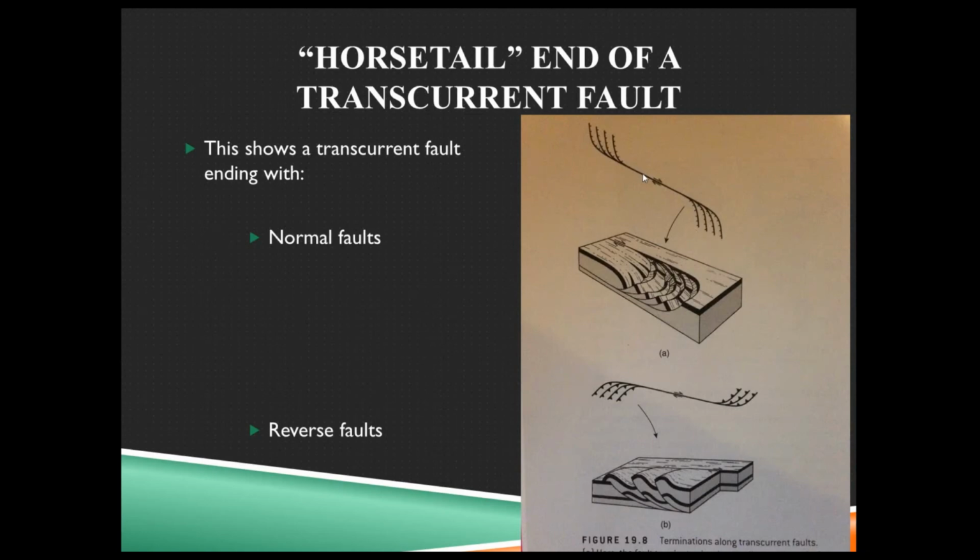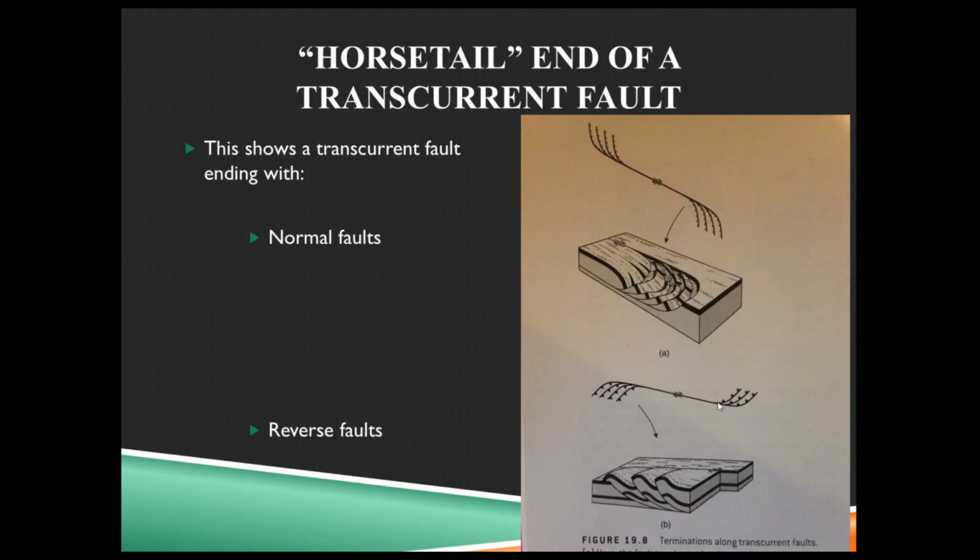So here we can see the top block is moving to the bottom right, and the bottom block is moving to the top left. And the curvature is such that we get normal faulting. So we get the series of curved normal faults, and that is the end of this transcurrent fault.